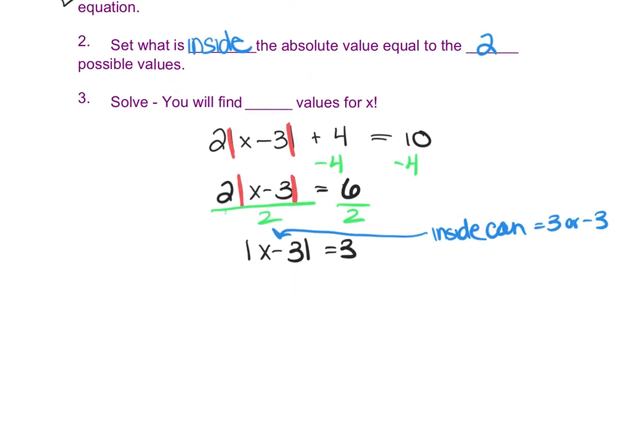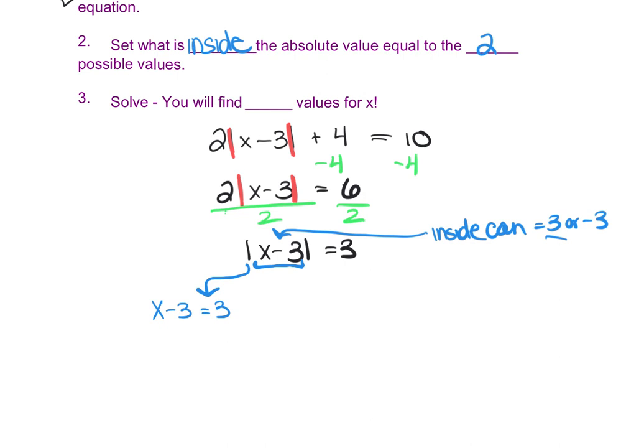So we're going to break down this wall by setting this inside piece, x minus 3, equal to the first value, which is 3. x minus 3 can equal 3, and if it does, that would result in an absolute value that is equal to 3.